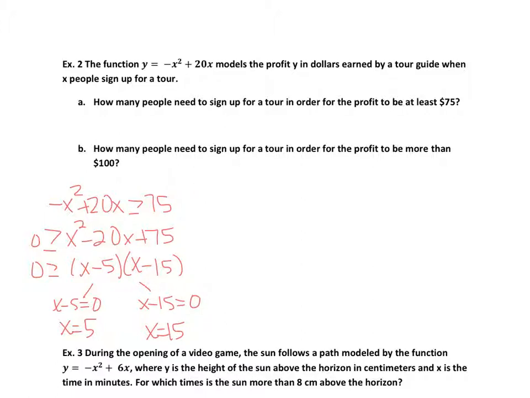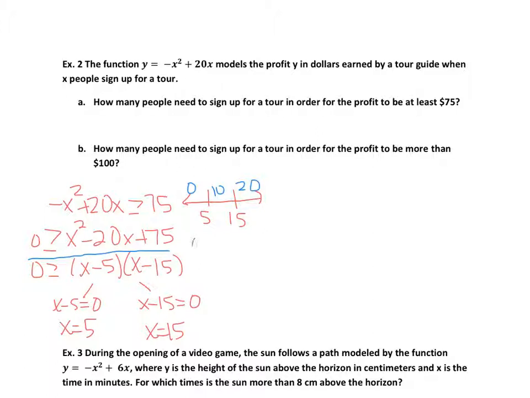So if I'm going to test 5 and 15, I'm going to pick my values that I want to use for each. I'm going to have 3 intervals that I'm going to test. So I'm going to pick the number 0 for this, the number 10 for that, and the number 20 for that interval. And again, you're going to plug them in. I'm going to plug them into this one right here that I have set greater than or equal to 0.